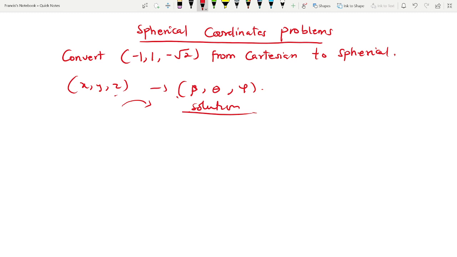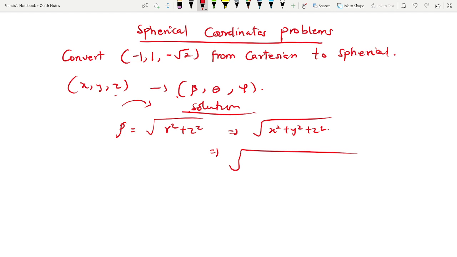You remember that our rho is always given as the square root of r squared plus z squared, which is also the square root of x squared plus y squared plus z squared. So straight away I can make my substitutions and I'll have (-1) squared plus (1) squared plus (-√2) squared, right?